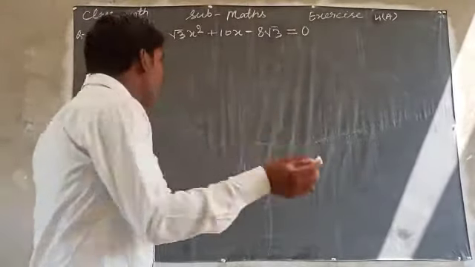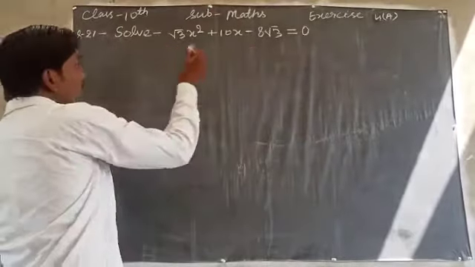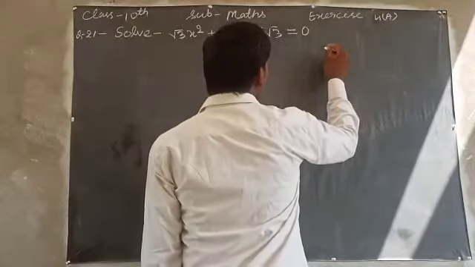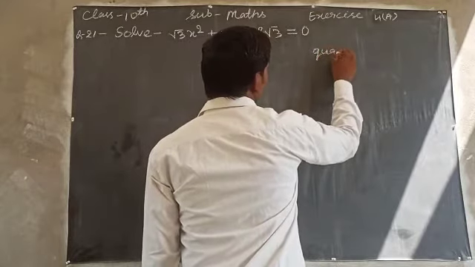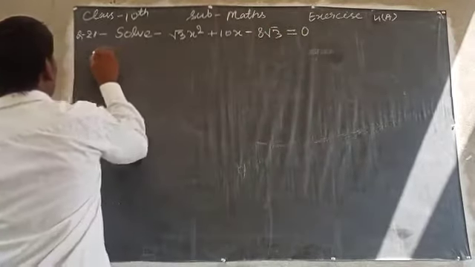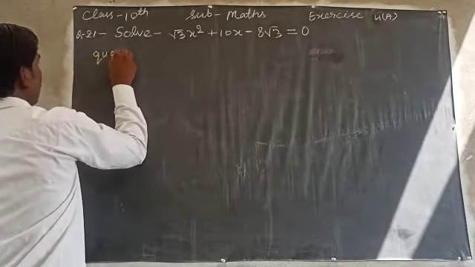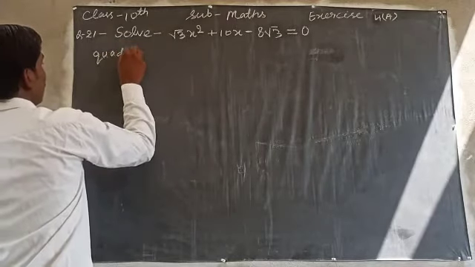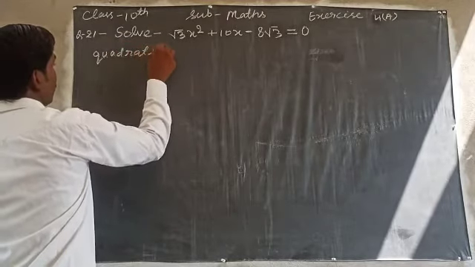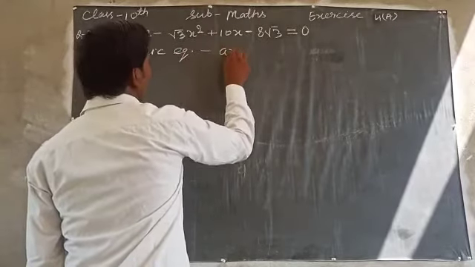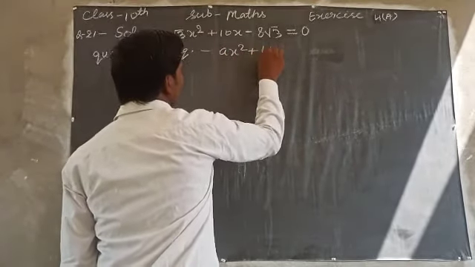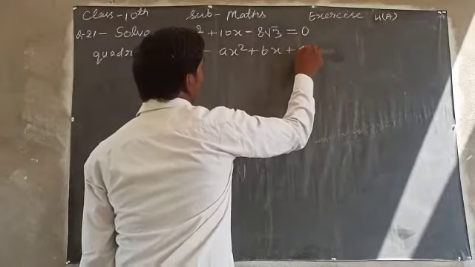As we know that a quadratic equation will be in the form of ax square plus bx plus c.